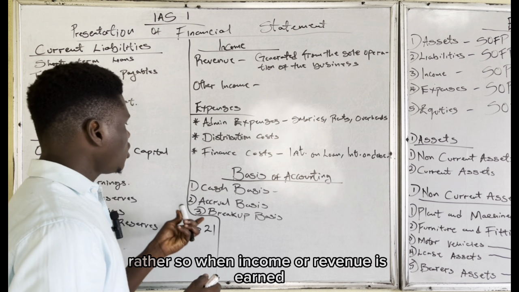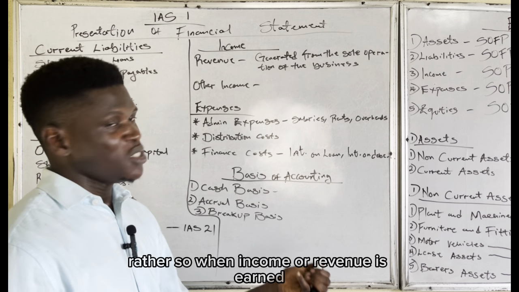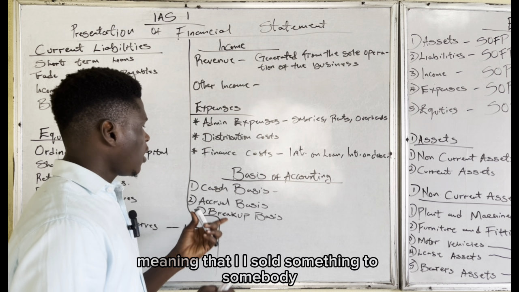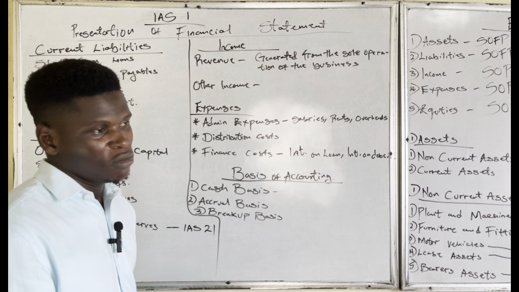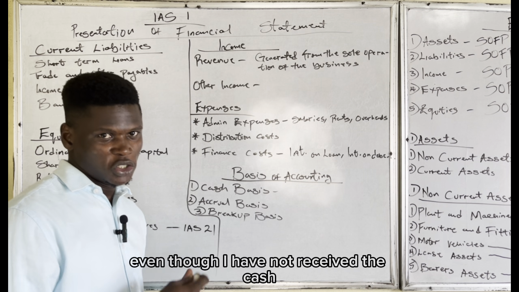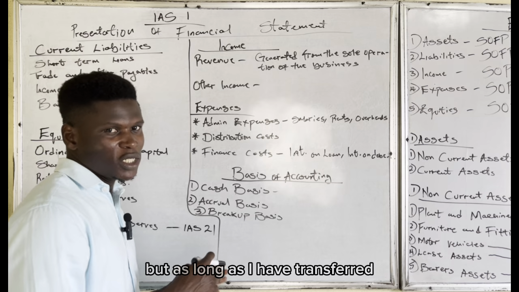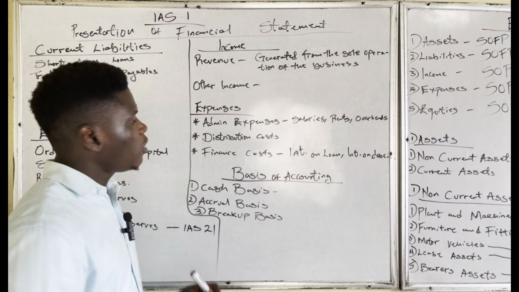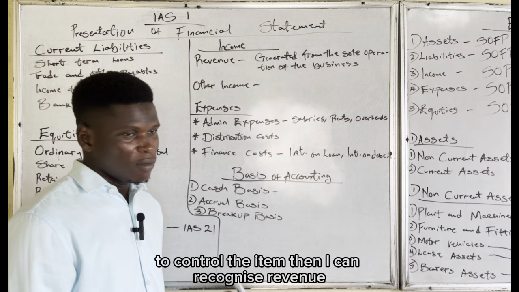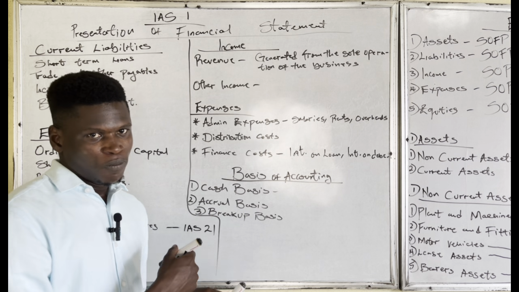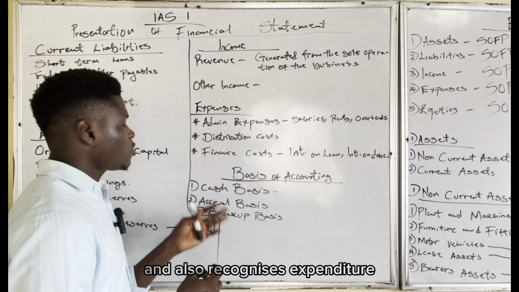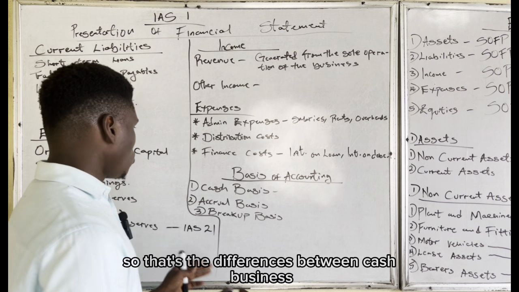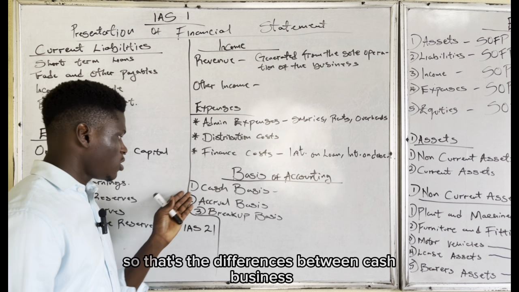So when income or revenue is earned, meaning that I sold something to somebody even though I have not received the cash, but as long as I have transferred the ownership of that item to the person together with the right to control that item, then I can recognize revenue, and also recognizes expenditure when incurred and not when cash is paid. So that's the difference between the cash basis and accrual basis.